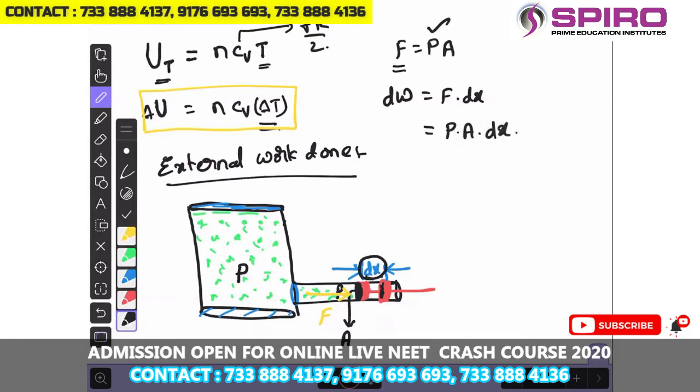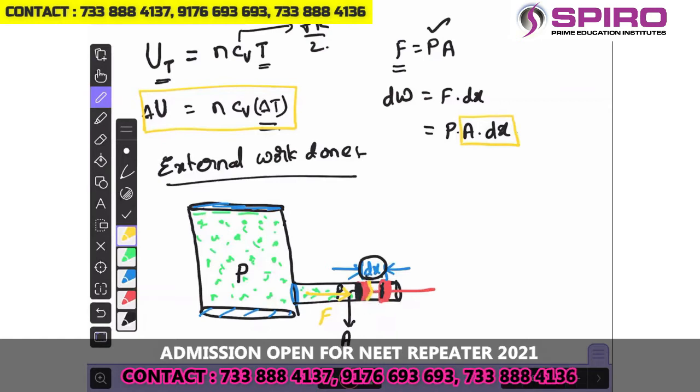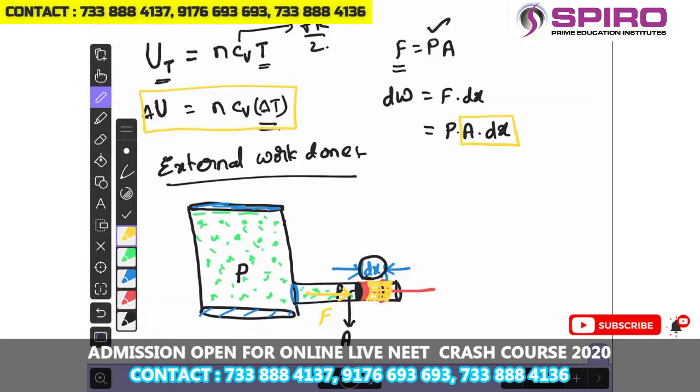What is A into dx? The product of A and dx is nothing but change in the volume. Okay, so this is the volume that is additionally occupied by the gas. This is a change in the volume, right?